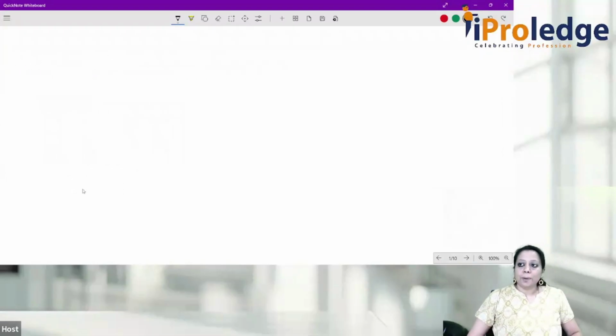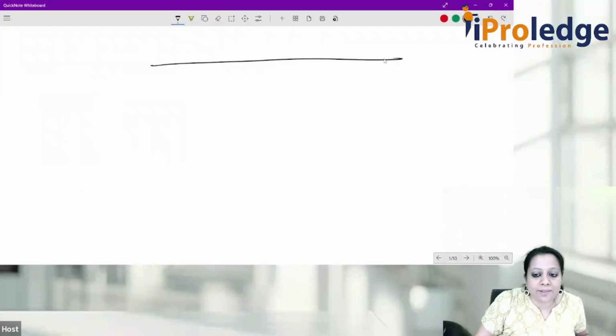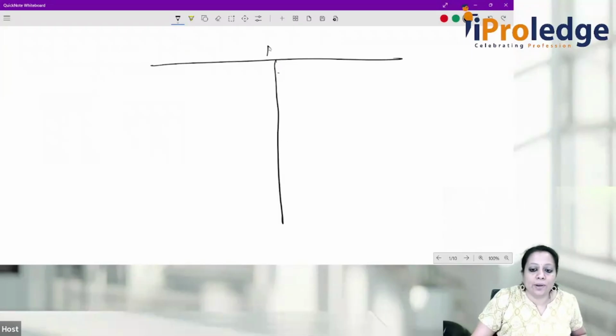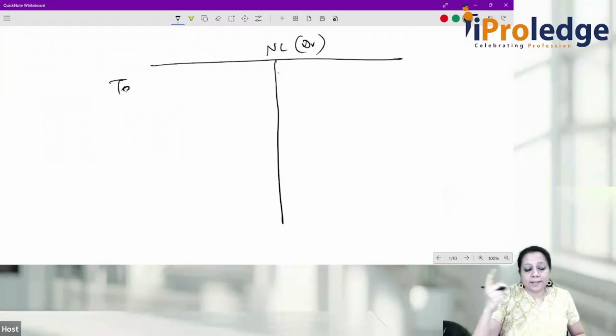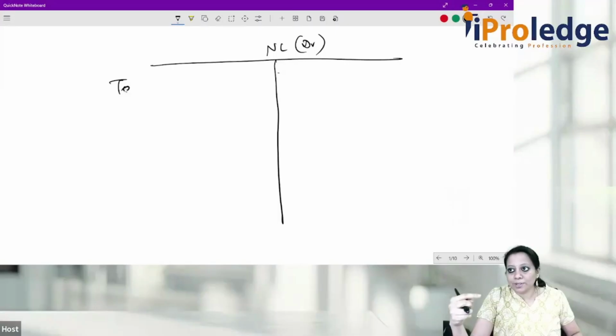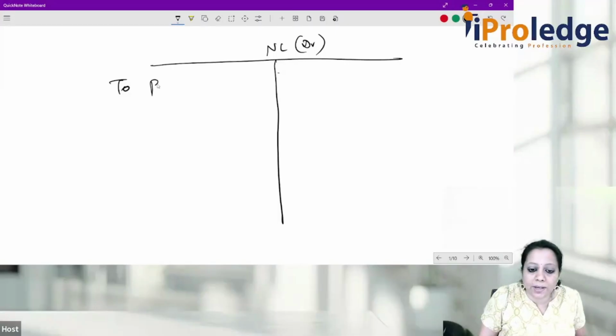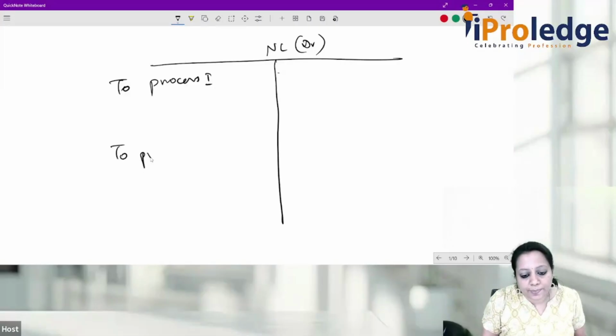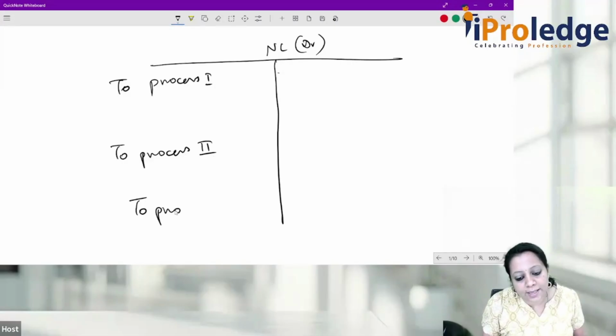Always I told you, first you prepare abnormal loss account, abnormal gain account, then only you prepare normal loss account. That is the order in which you should prepare. It is easy for us, that's why. We had written by normal loss in all the process, no? So here we will write what? To process 1, to process 2, and to process 3.